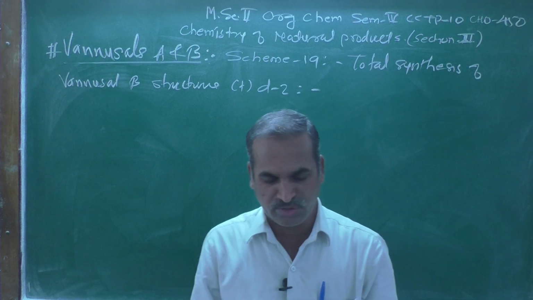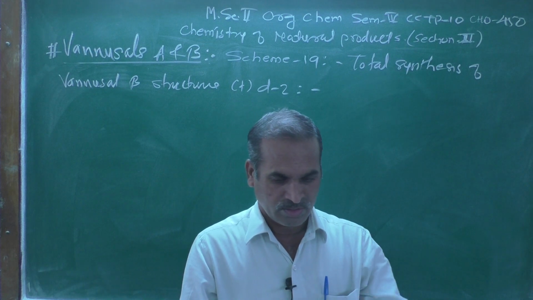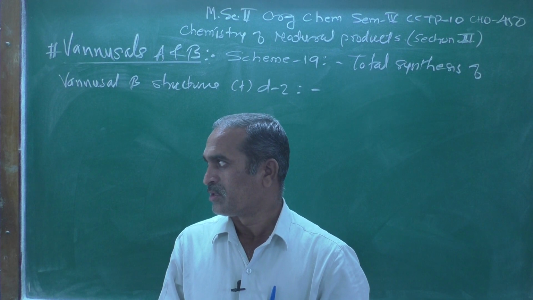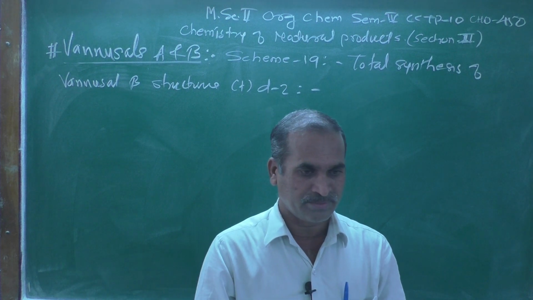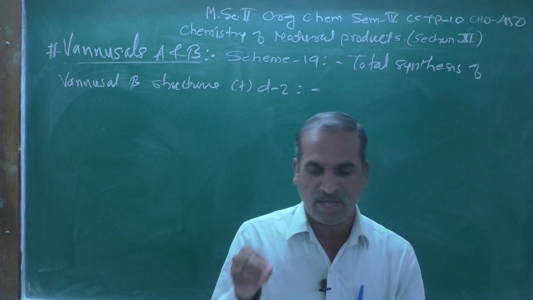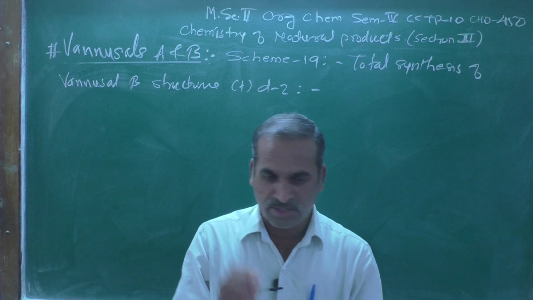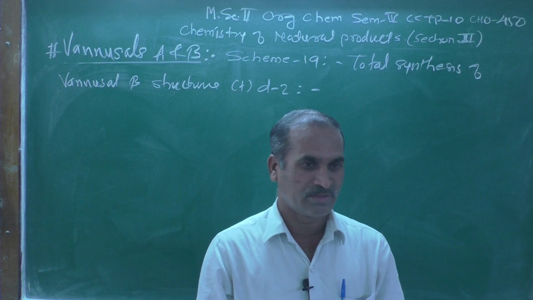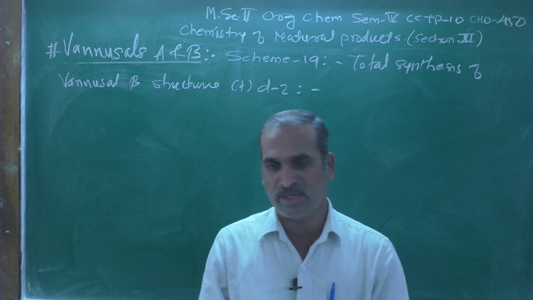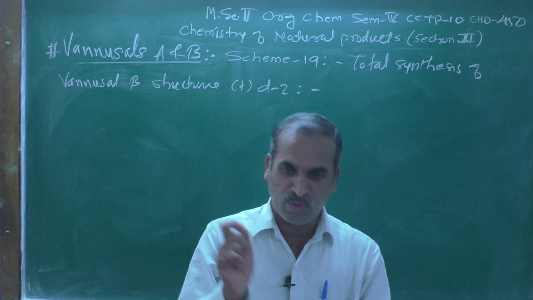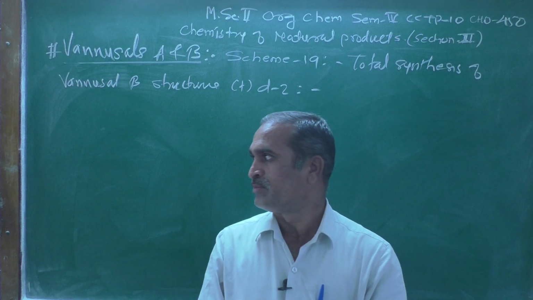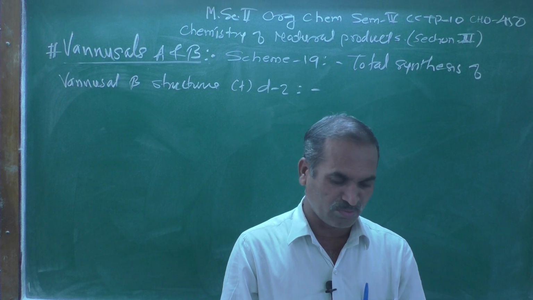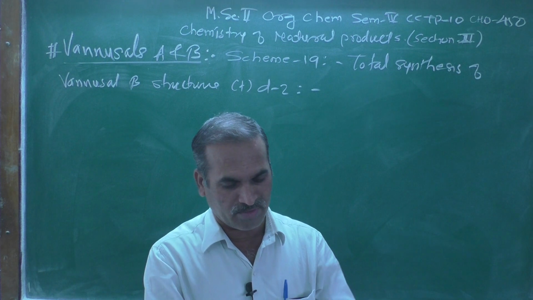In addition to that, we also described how NOE occurs between H10 and H7, as well as H10 and H17 of figure number 3 in structures 9 and 95, whereas how NOE is not observed in structure number 92, that also we eventually discussed in our previous lecture.